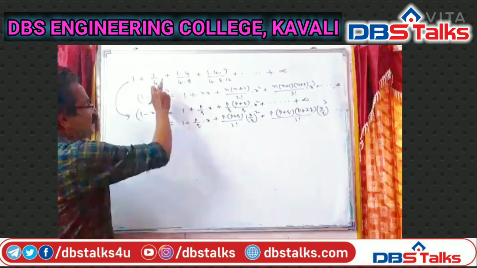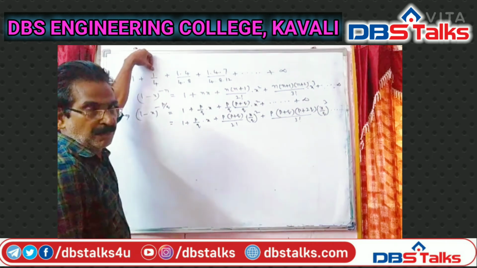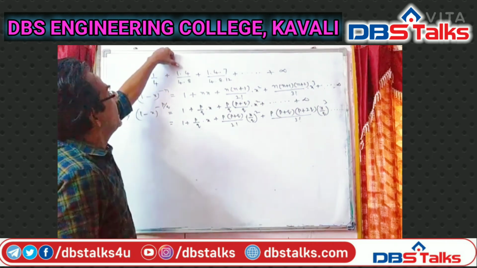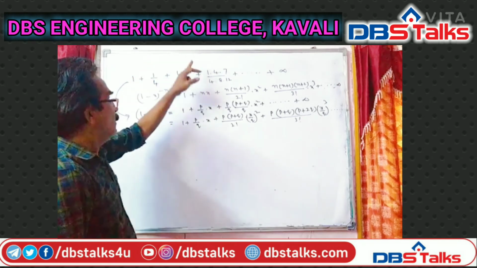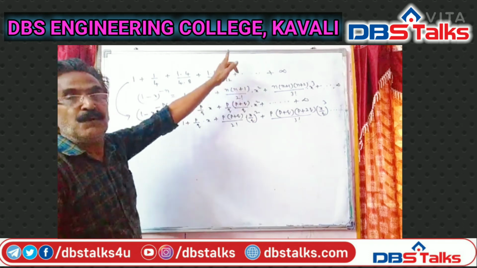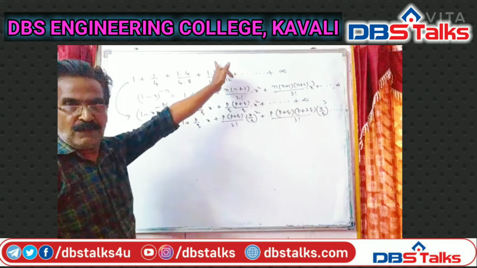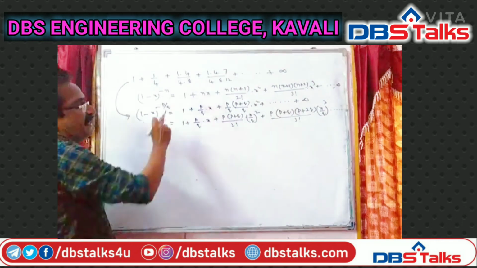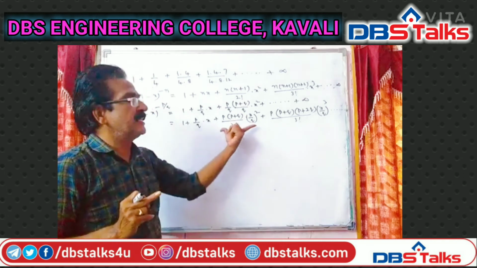So here the terms are like that, friends: 1 plus p, next p into p plus q, next p into p plus q into p plus 2q. So the given expression is in the form of this expression.